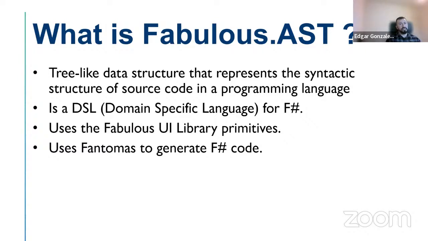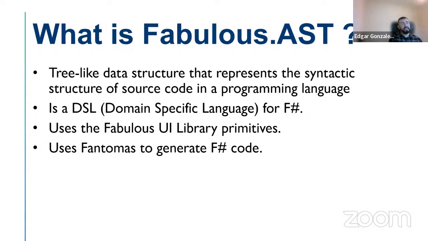But yeah, as a high level, it's called AST, abstract syntax tree, and it's a tree-like data structure that represents the syntactic structure of the source code in a programming language, in this case, F#.